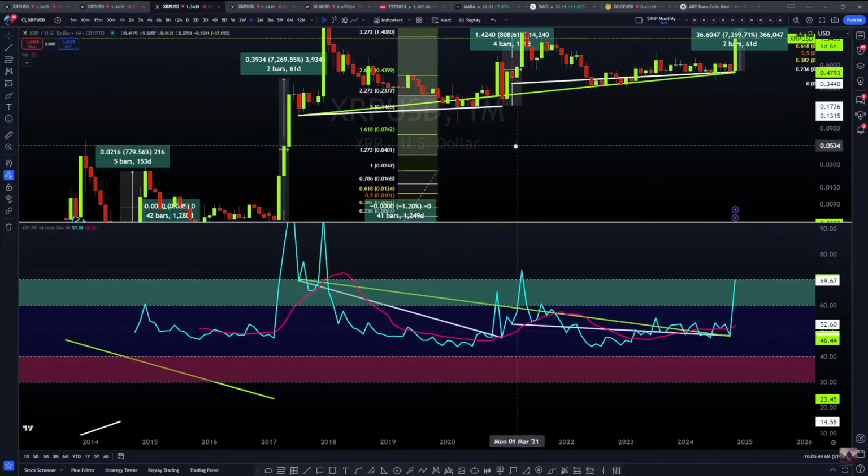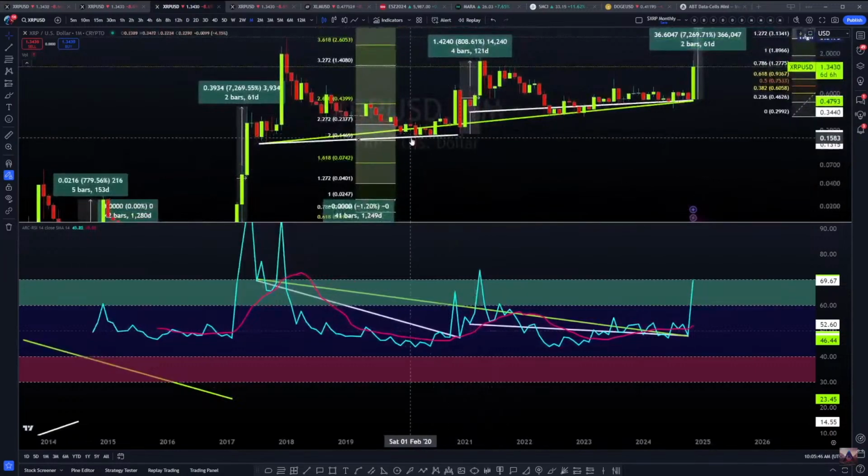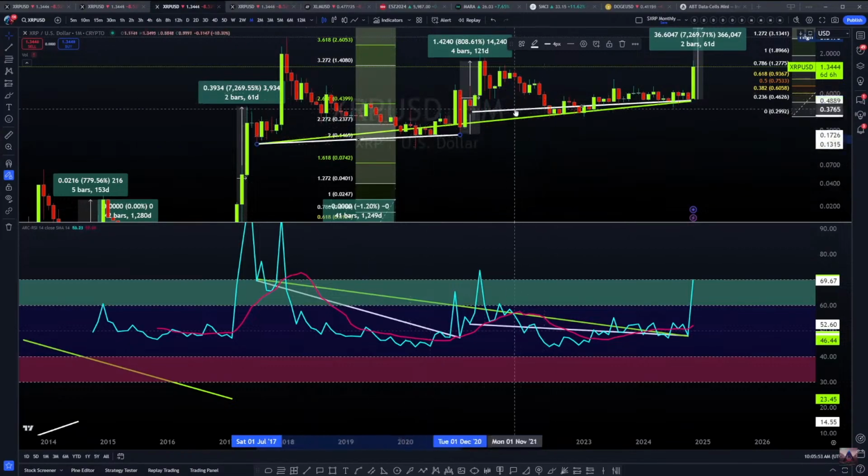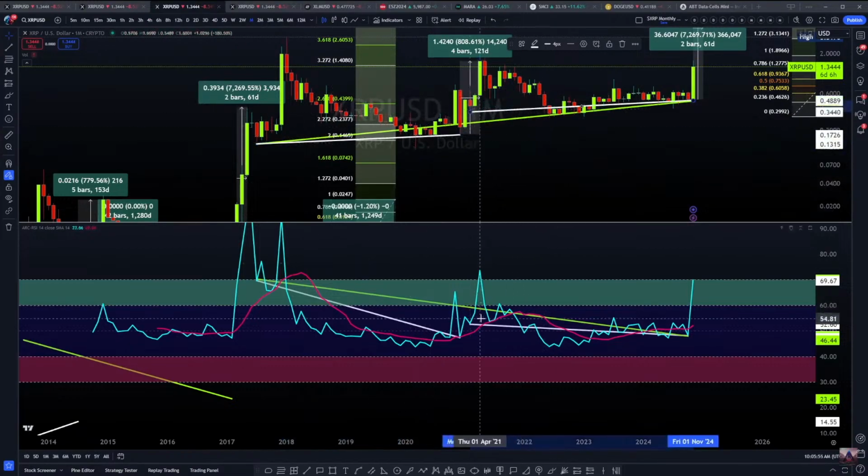Now, if we observe historically, let's focus on the white ones. This is our historical midpoint, right? It looks like we did it again here. So from this point to this point here, which in price just so happens to be right in here, we also created a lower low.